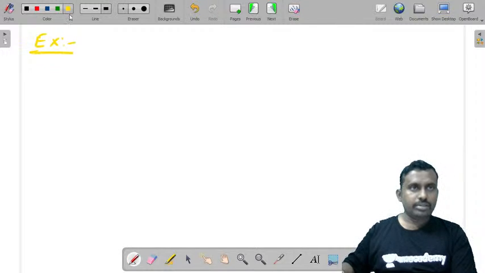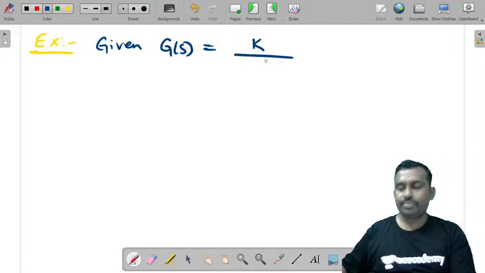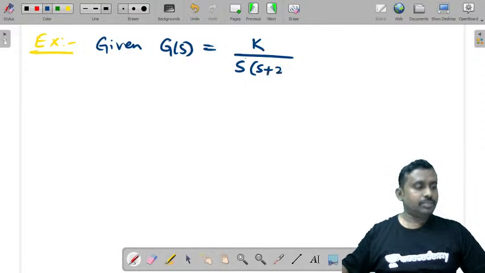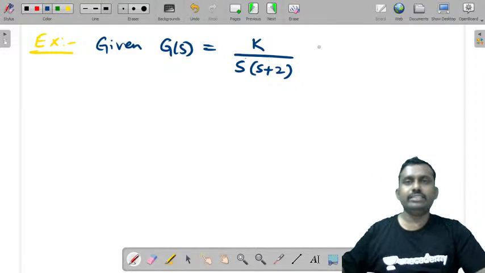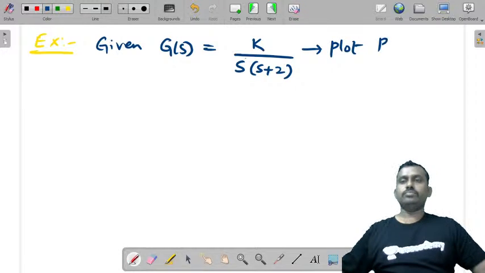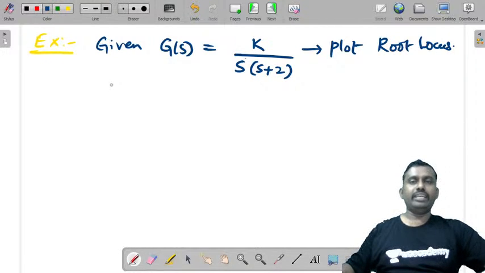Example: T of s is equal to k by s into s plus 2. Let us say this is the given question and we are asked to plot the root locus, or find the stability of the system, or find the value of k for the system to be stable using the root locus.